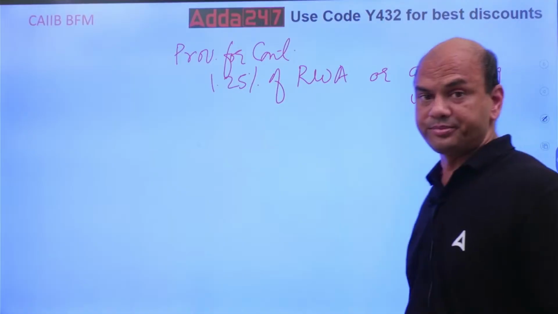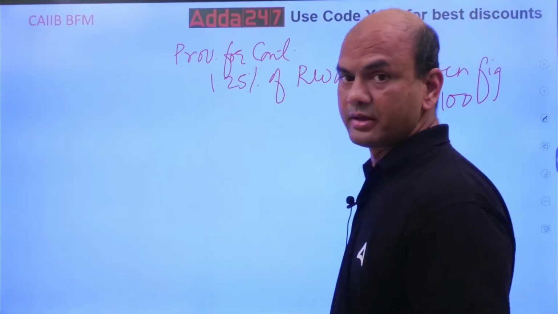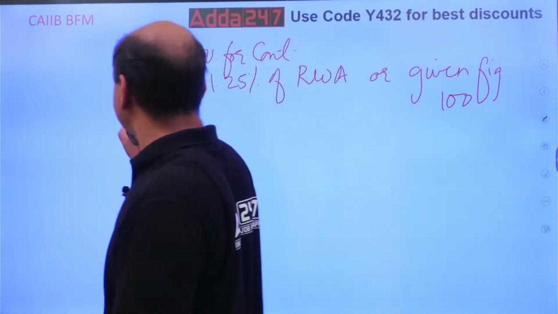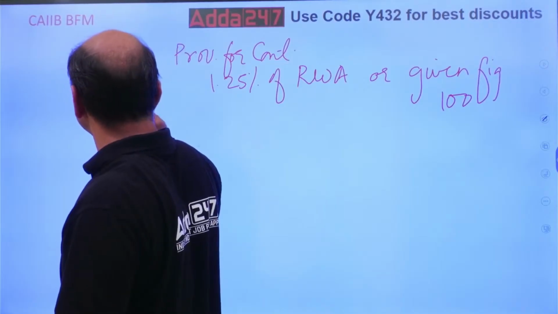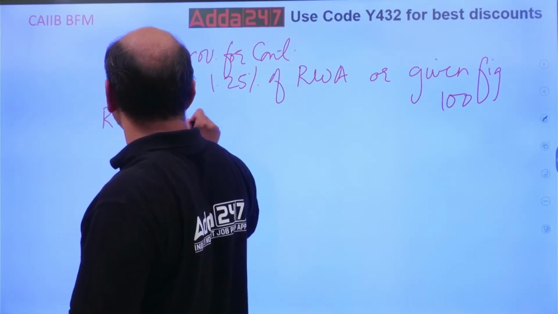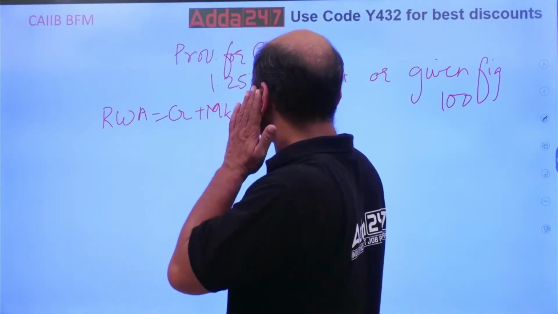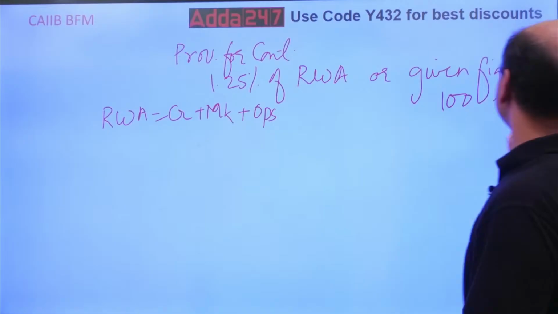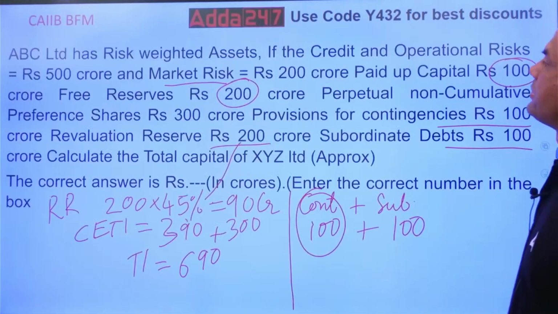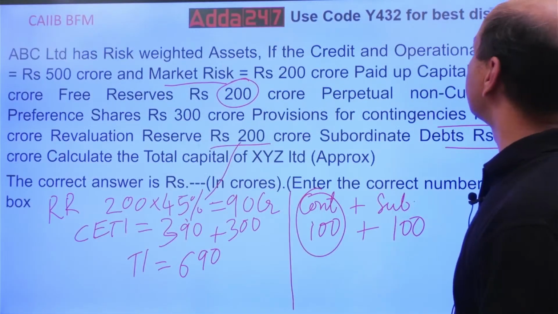So which is that? Now what is RWA? RWAs are of 3 types: credit plus market plus ops, right? So what is RWA given?